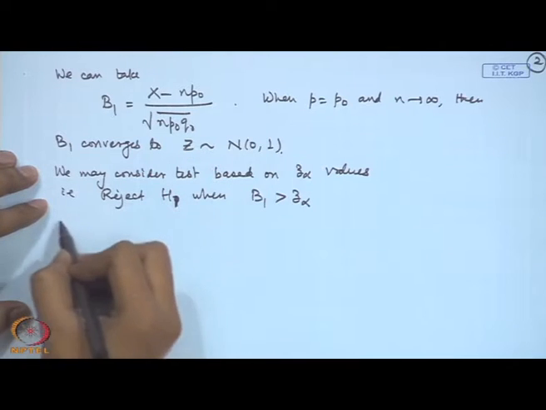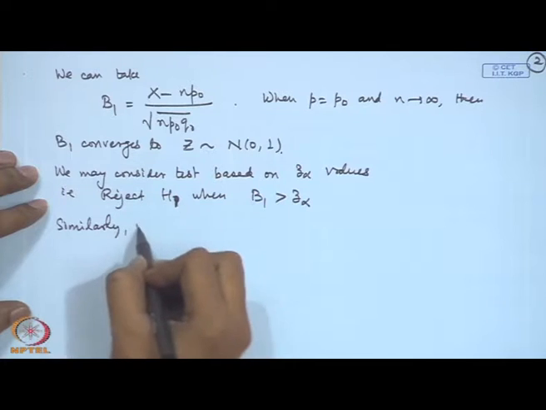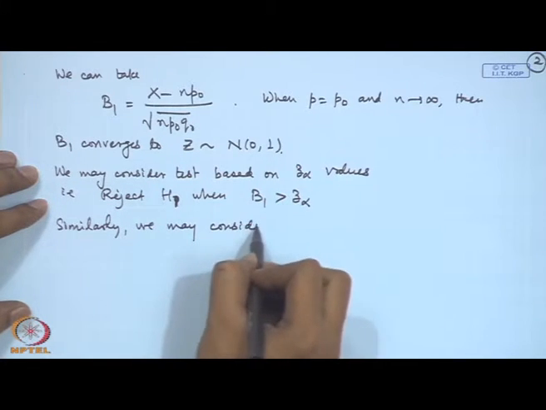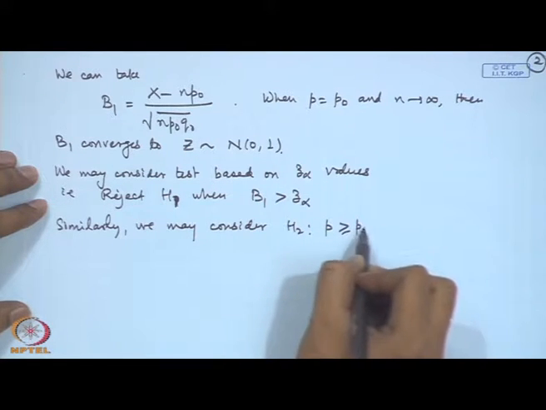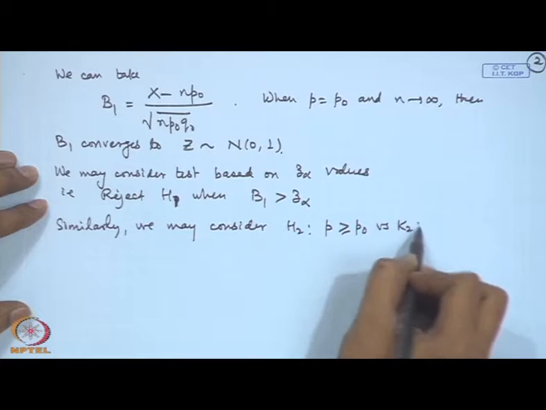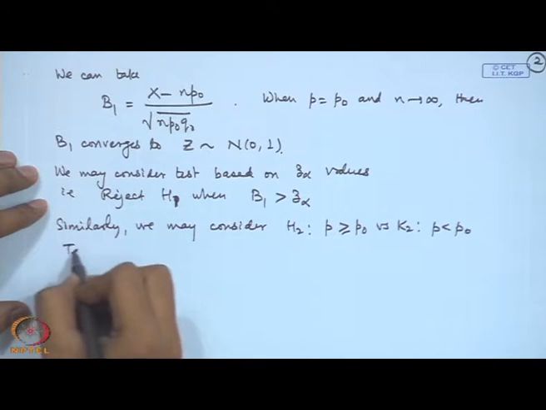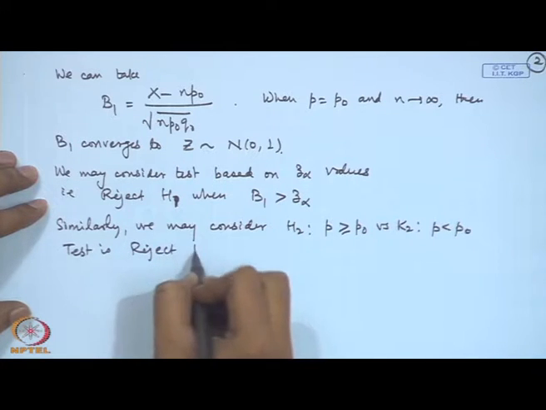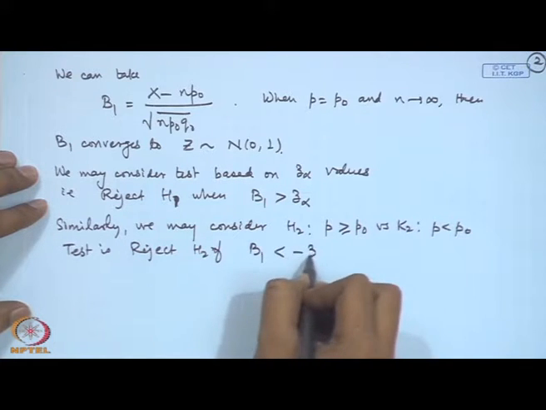Similarly, we may consider H 2, that is p greater than or equal to p naught versus K 2, p less than p naught. Then the test is: reject H 2 if B 1 is less than minus z alpha.